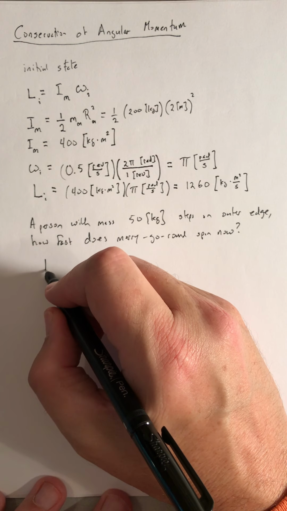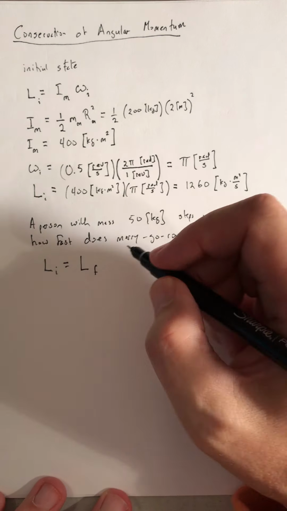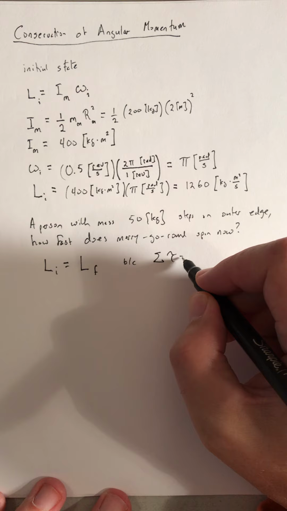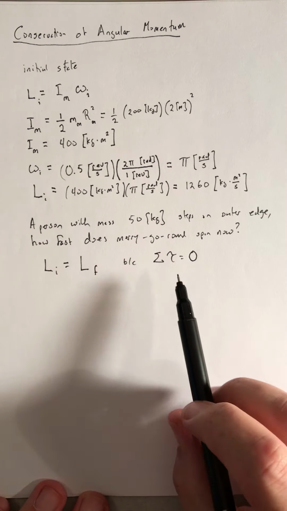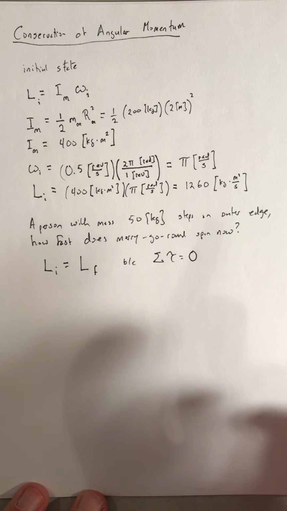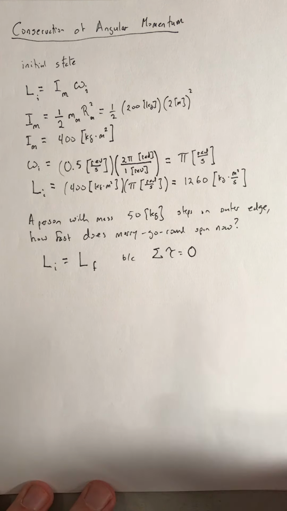It's isolated, so I can say initial angular momentum is equal to the final angular momentum, ignoring torques caused by air resistance or any torque caused by friction in the spindle on the merry-go-round.